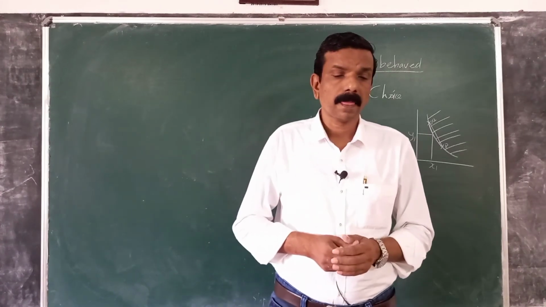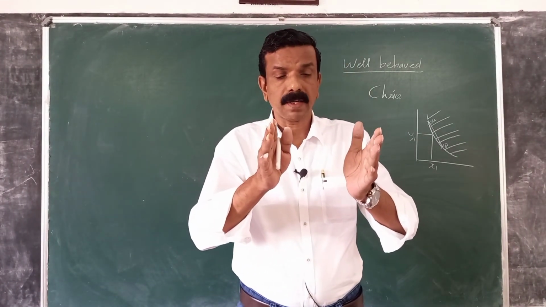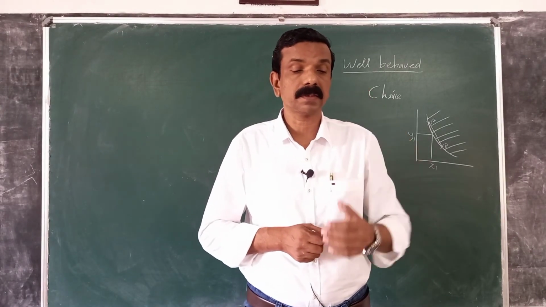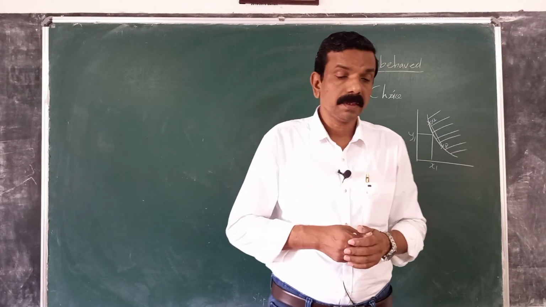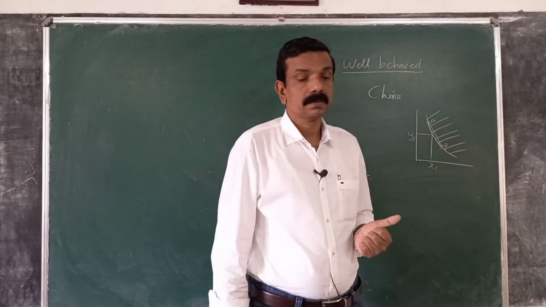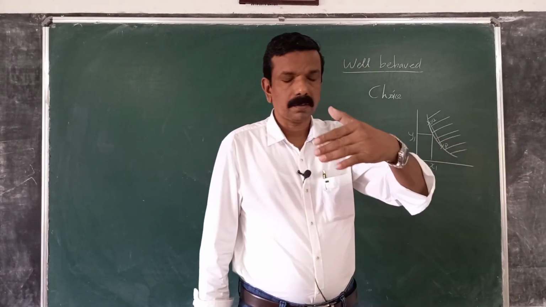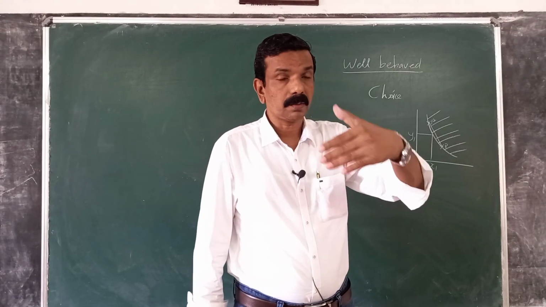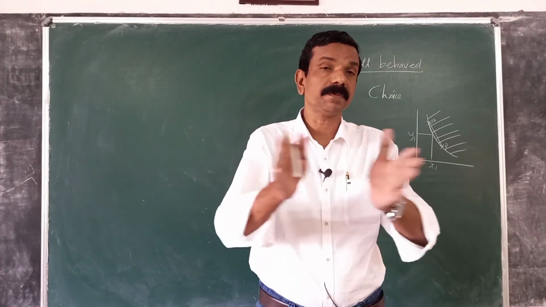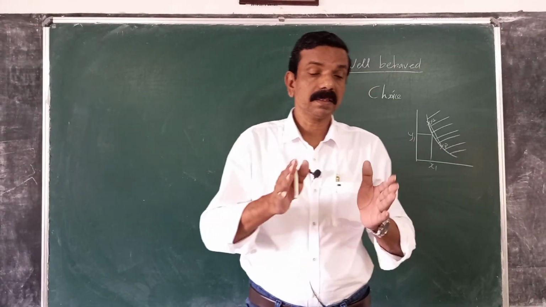An extension of the assumption of convexity is strict convexity. It means that the weighted average is strictly preferred to the initial bundles X1, Y1 and X2, Y2. Strictly preferred, not only weakly preferred.